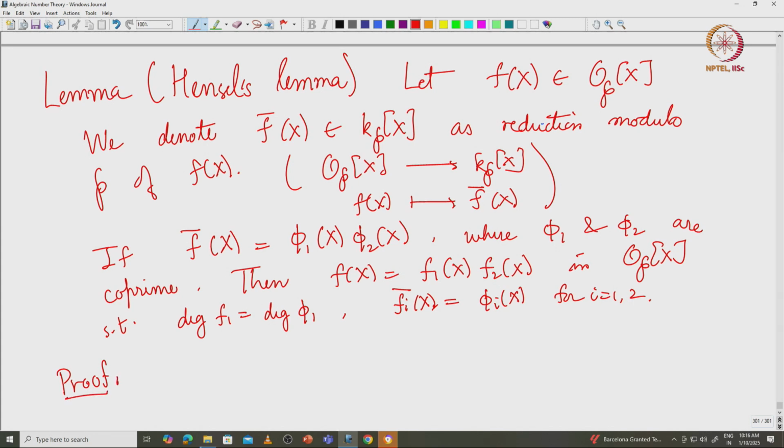Okay. So, what are we going to do? Well, to begin with, again as I said, you have a factorization modulo p. So, you try to get a factorization modulo p squared and p cubed and so on, and then you take the limit, that is what we are trying to do.